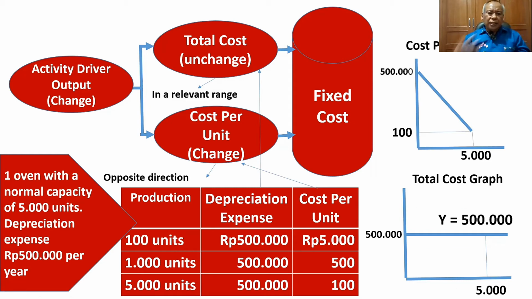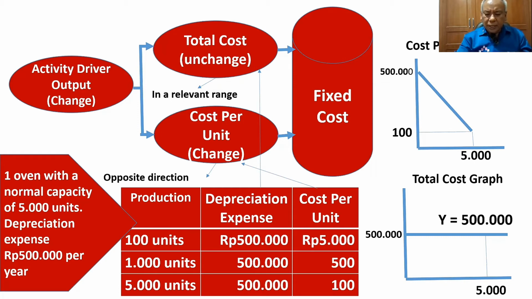So we can define fixed costs: costs in total remain constant in the relevant range regardless of the changes of the activity driver output, while the cost per unit changes in the opposite direction.